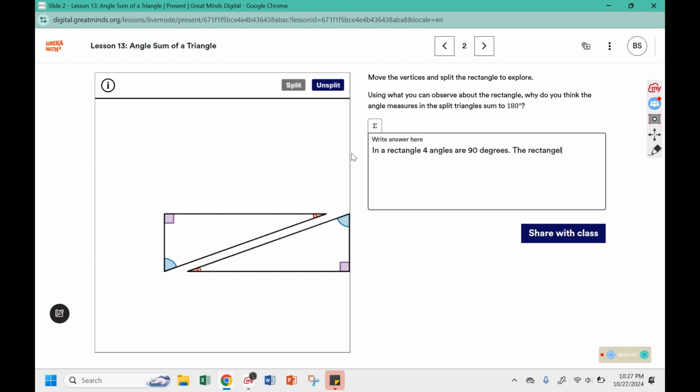The rectangle has an angle sum of 360. Right, 4 times 9 is 36, so 4 times 90 would be 360. If I split the rectangle into two parts to create triangles, 360 divided by 2 is equal to 180.